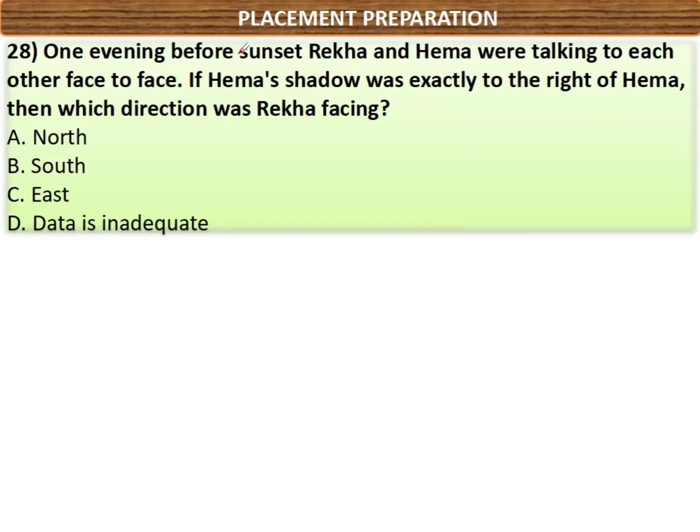Question number 28. Same story. Evening. Evening time shadow direction will be towards the east side. Then this is the shadow. Then write A, B. Simply write. Then see right or left. Right. Now tell me, this shadow is right of A or B? 100% it is right of B only. B is facing this side. With respect to B only, the shadow is towards the right side.